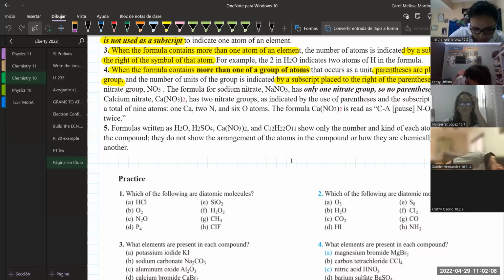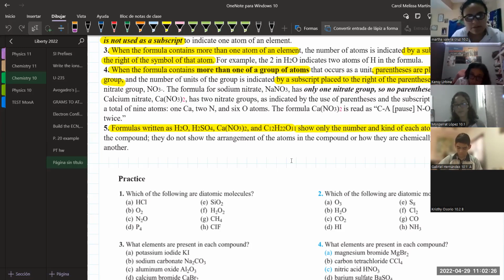So the formulas don't tell you about the arrangement, just the composition. So they show only number and kind of atom. They do not show the arrangement of atoms in a compound or how they are chemically bonded.